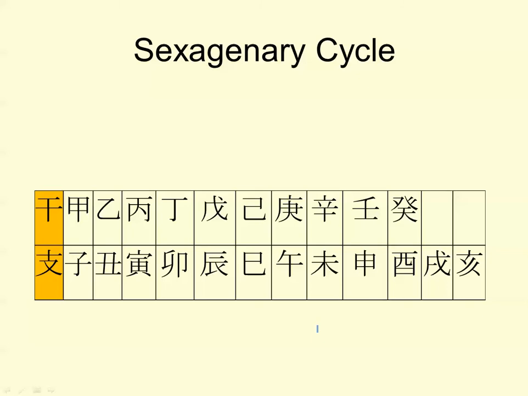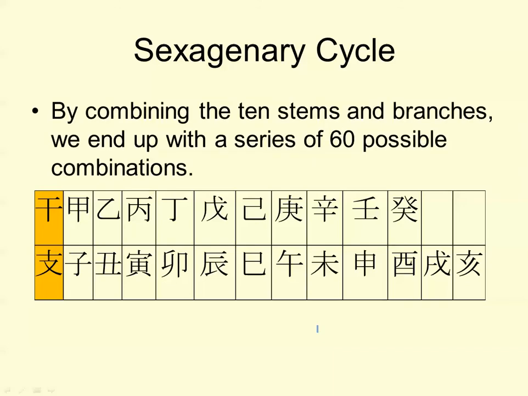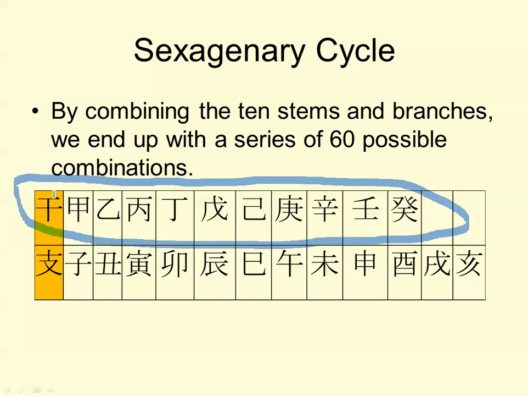So we're going to start here with, on the top row here, we have the heavenly stems. And on the bottom row, we have the earthly branches. And these are in the correct order. So in those previous slides when we were looking at the heavenly stems, they necessarily are presented in this order.